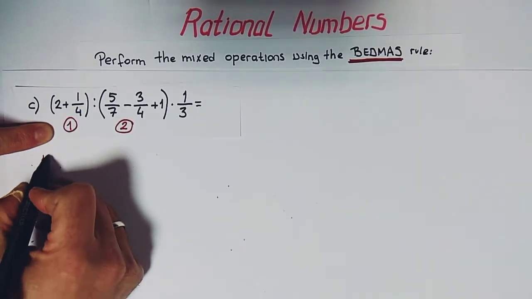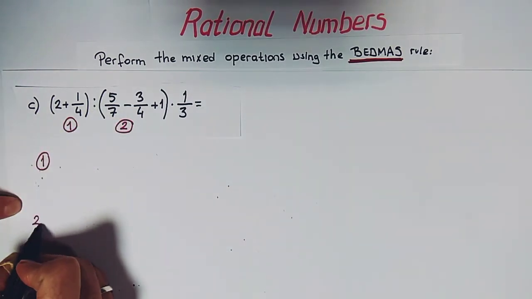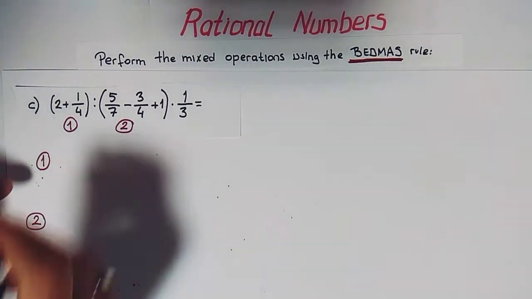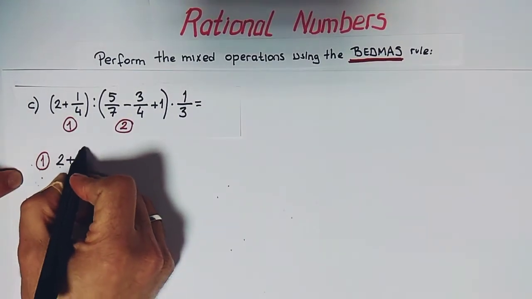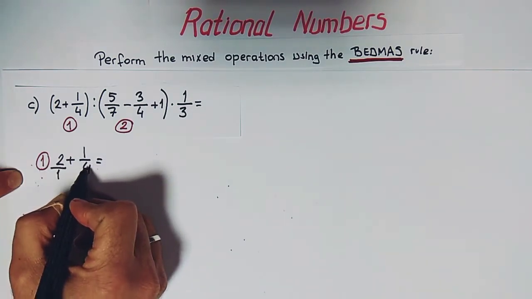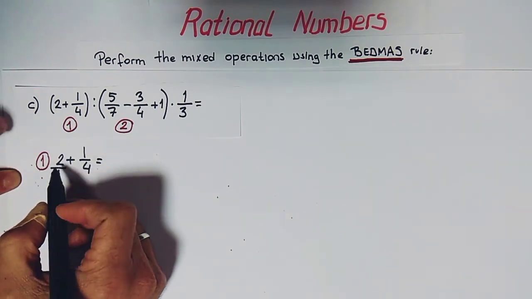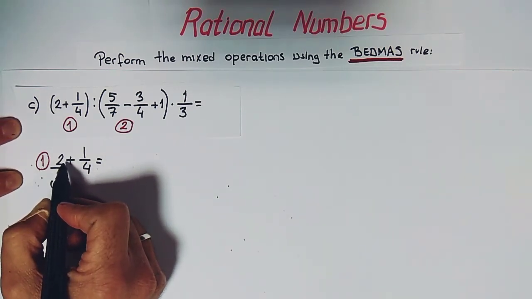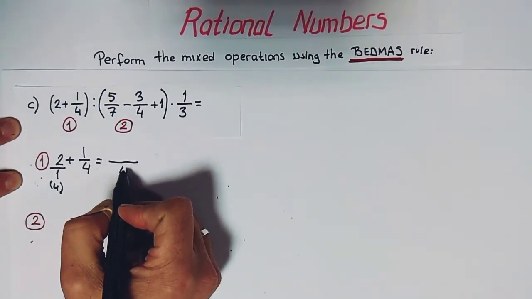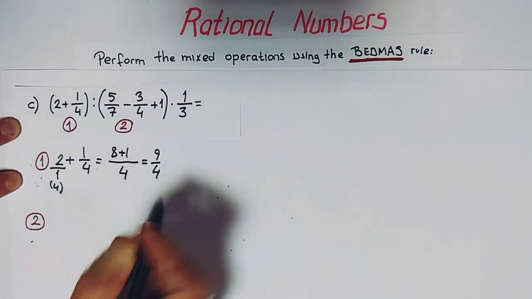So we solve the first bracket and then we find the value of the second bracket. 2 plus 1/4. We must have an equal denominator. Here we have 4, here we have 1. So we multiply the first number by 4. We will have equal denominator 4. And here we have 8 plus 1, which is 9/4.